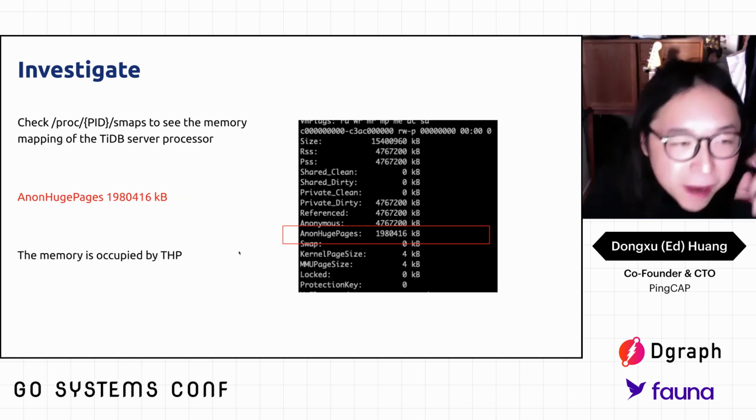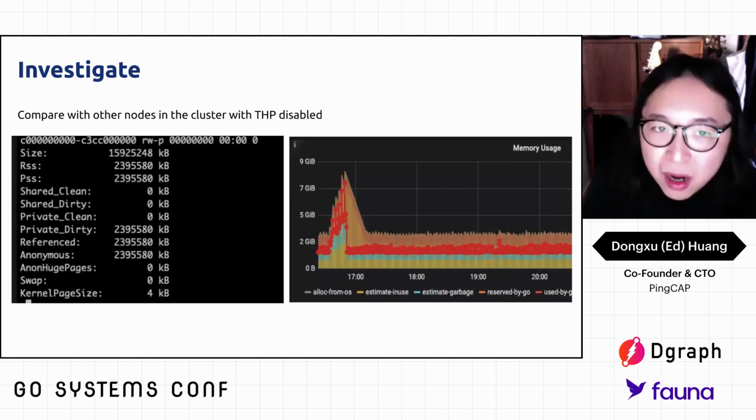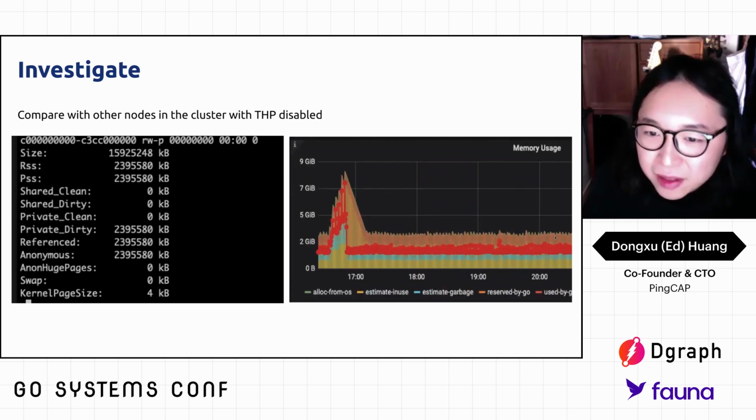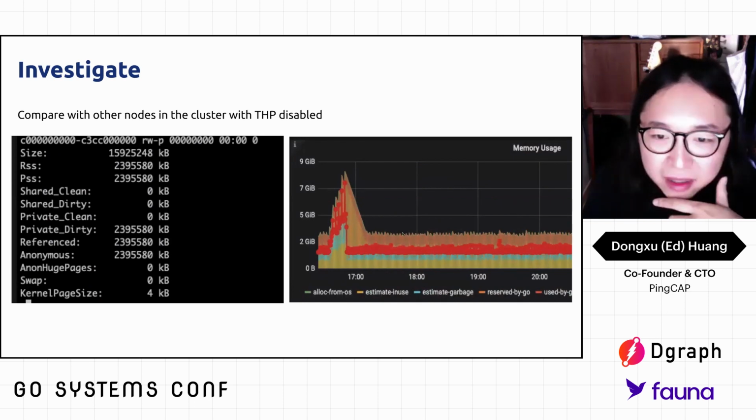And if we compare this to other nodes with the THP option disabled, we can see the memory allocation is quite normal. It is not like this.